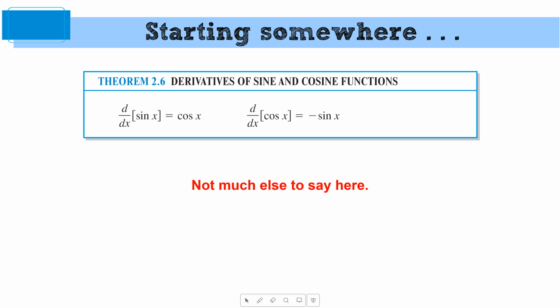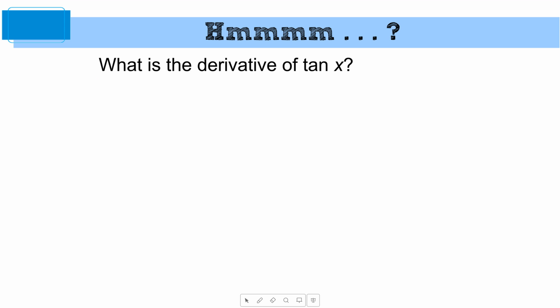It'll make more sense as we work our way through the slideshow. If you know this, then we can find all the others. Like, let's say, for instance, I wanted to know the derivative of tangent. Other than looking it up, how would you go about taking the derivative of the tangent? We do quotient rule. Correct.